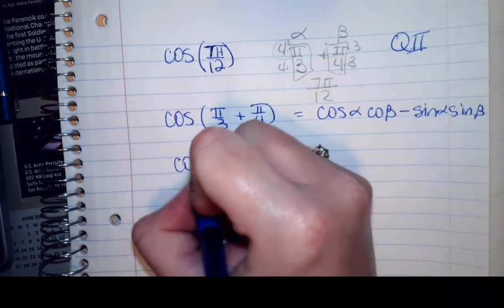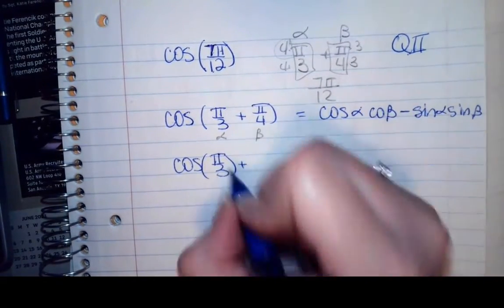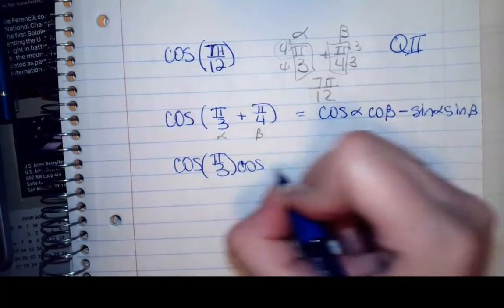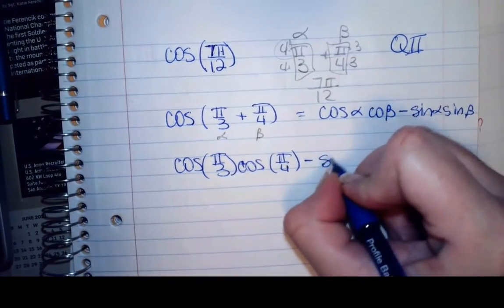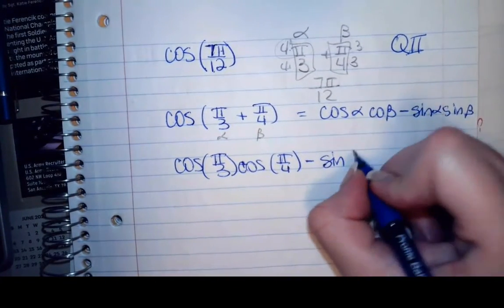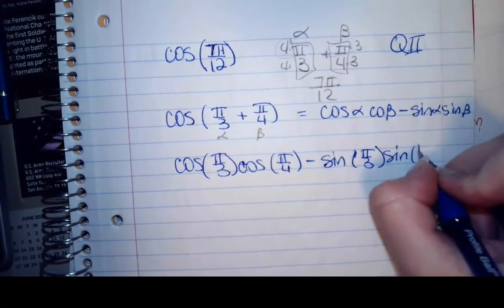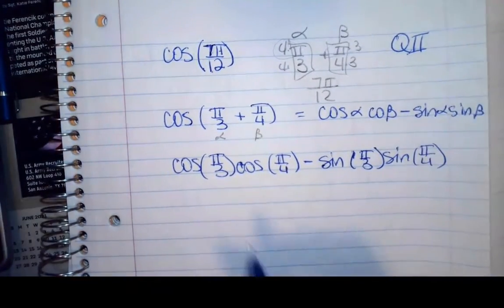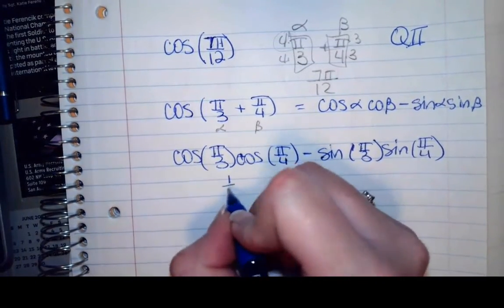So I just need to substitute in my angle measures. So now I've got cosine of pi over 3, cosine of pi over 4, minus the sine of alpha, which is pi over 3, and the sine of beta, which is pi over 4. And I know all these ratios. So the cosine of pi over 3 is 1/2.